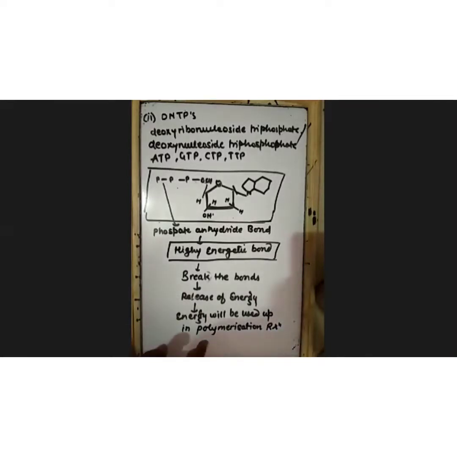So the energy which we get from the breaking of the phosphate bond will be used for the polymerization by the enzyme DNA polymerase. Okay.